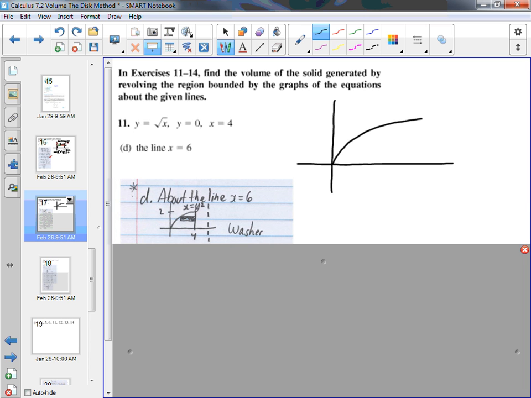We even know that that's a 0 and that's a 2. That's an x equals 4. I don't know why I made that so long. But what I don't have on my graph yet is the axis of revolution, which is x equals 6.